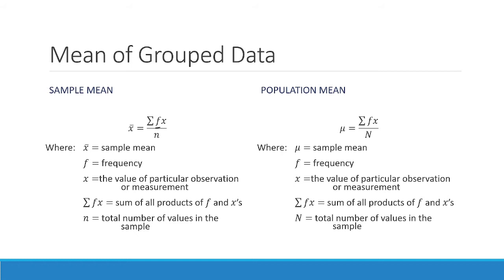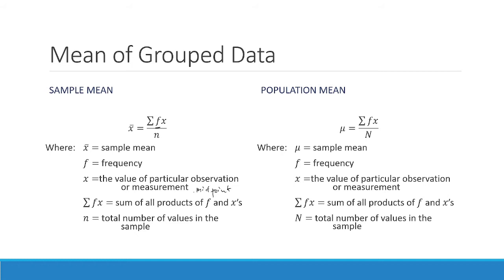So basically, this means that for the sample mean, we just need to get the sum of all the products of the frequency with their midpoint, and just divide it by the total number of values in the sample. Same with the population mean.